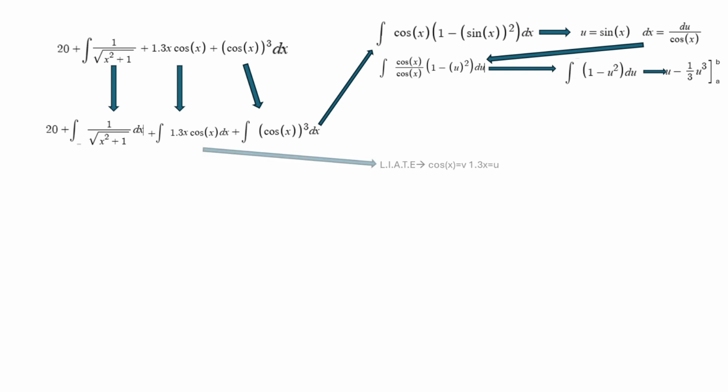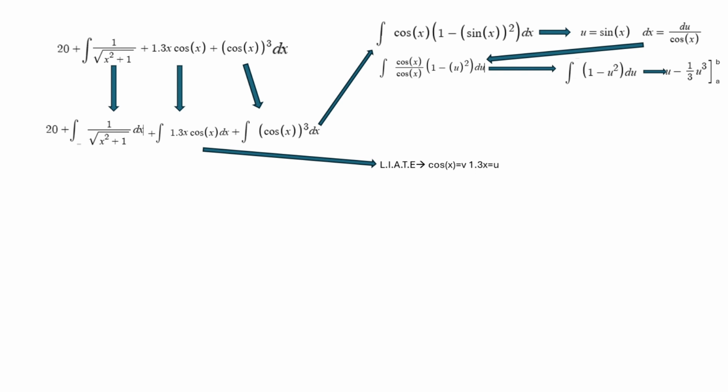And let's start on the next one, which is the second to last. And we'll use LIATE in order to figure out which thing should be the v and the u in this scenario. And because cosine is closer to the end of LIATE, it's going to be the v.